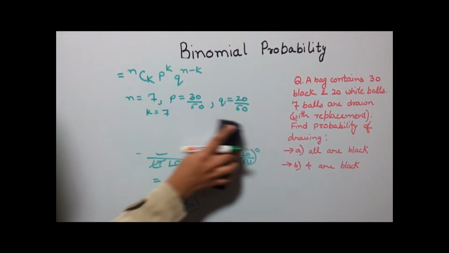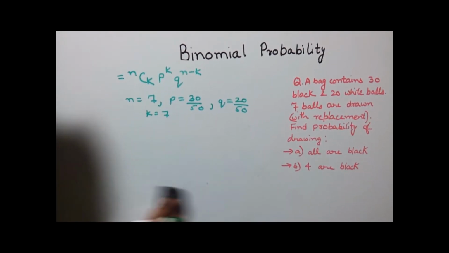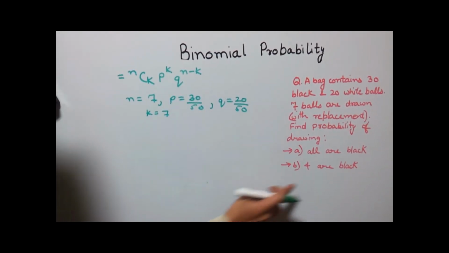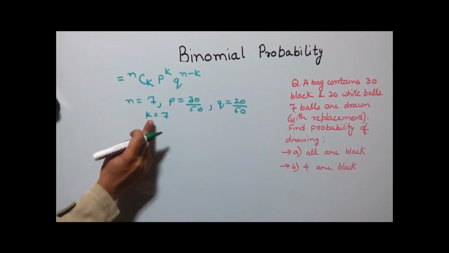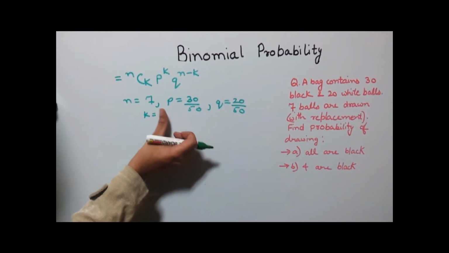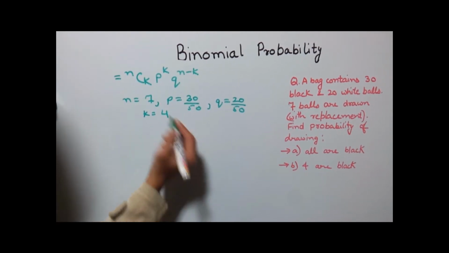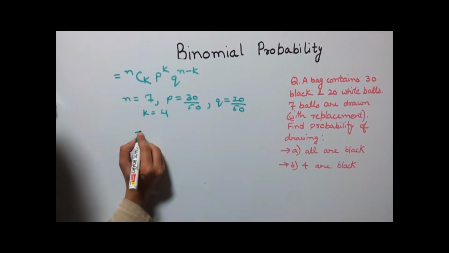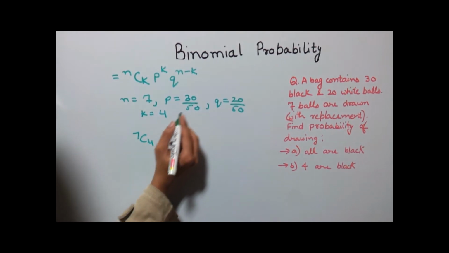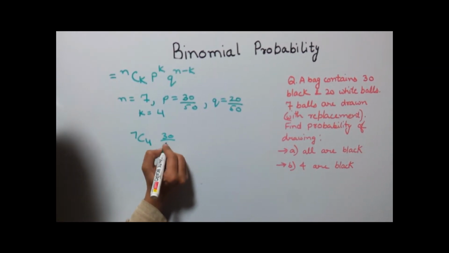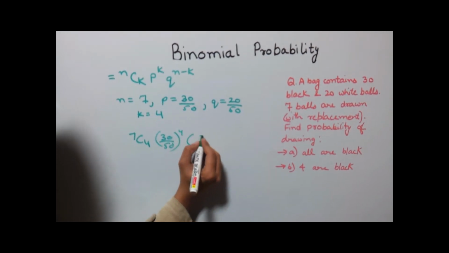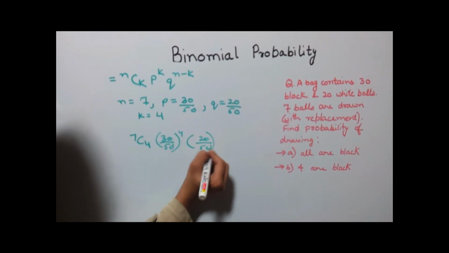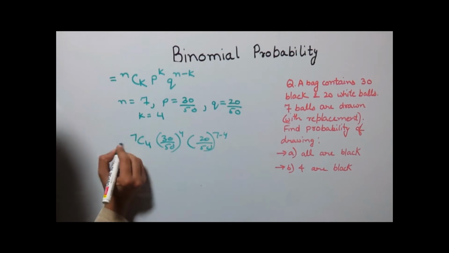Let's solve the second case. In the second part, there are 4 black balls we need to find. So only the value of K will change, which would be equal to 4. Putting this in the formula will give us 7C4 into 30 divided by 50 to the power K, which is 4, into 20 by 50 to the power 7 minus 4.